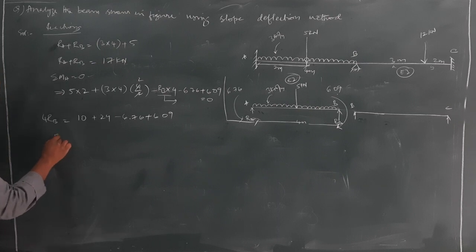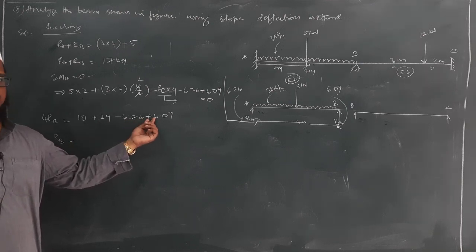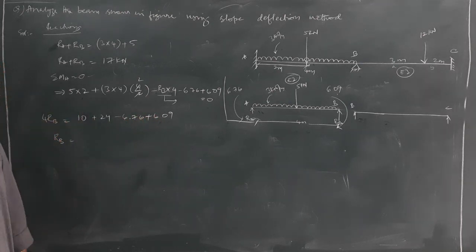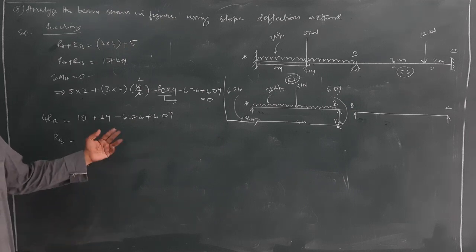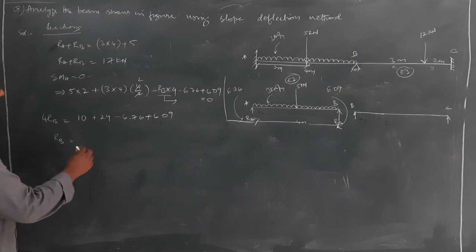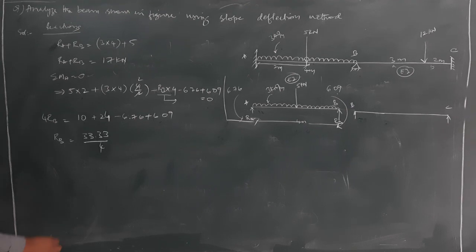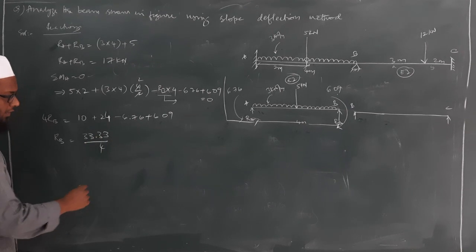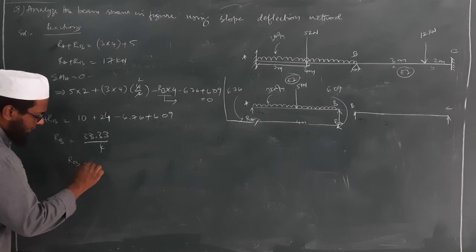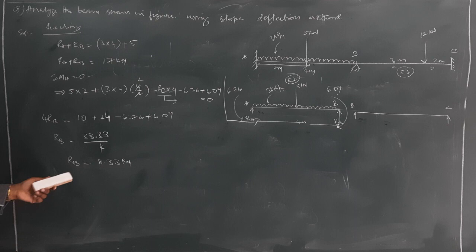Can you tell me the value of RB now? 10 plus 24 is 34. 34 plus 6 is 40.09. 40.09 minus 6.76 is 33.33. Check it once. 33.33 divided by 4. How much is RB? 8.33 kilonewton. We got the value of RB.